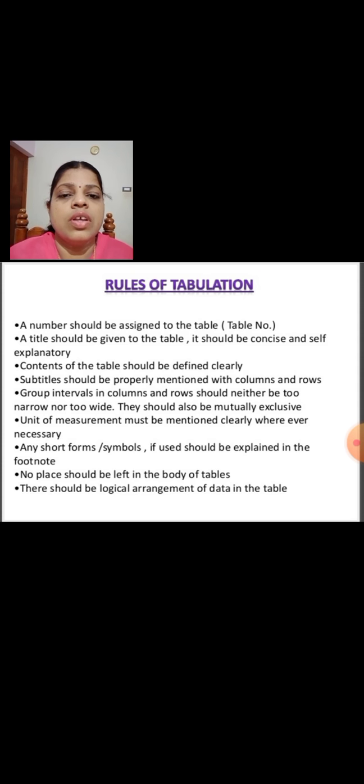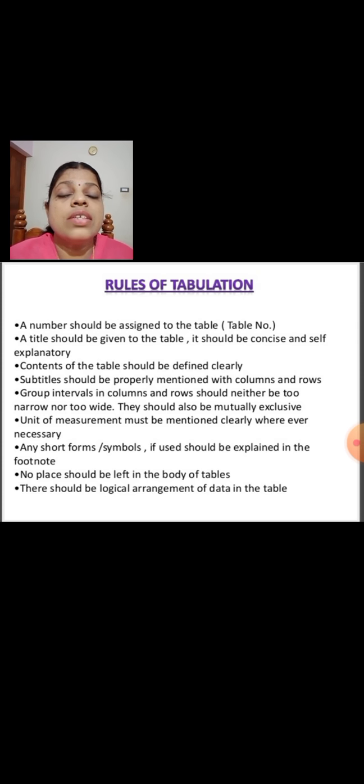For a particular table, we assign a particular number so that we can easily identify which table it is. The second one, a title should be given to the table. It should be concise and self-explanatory.